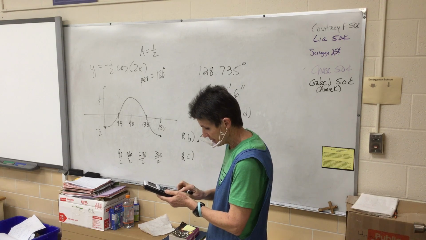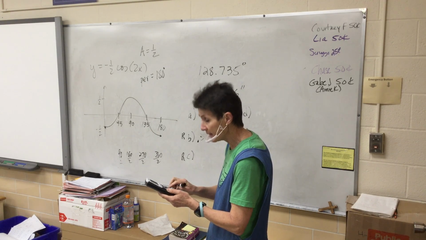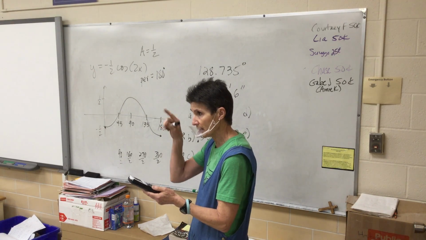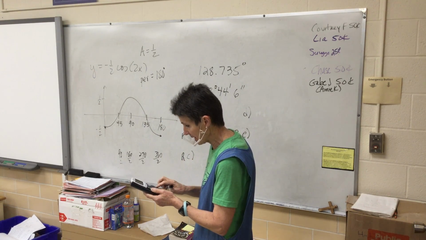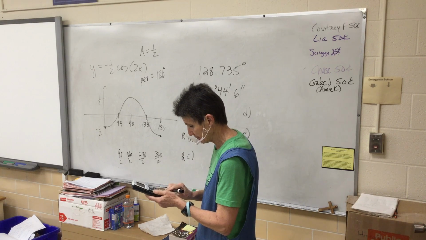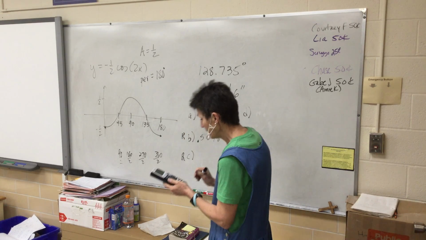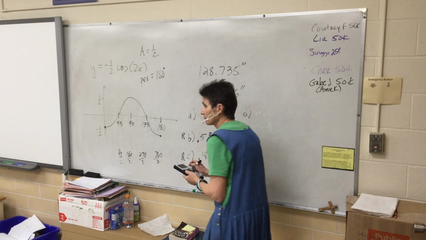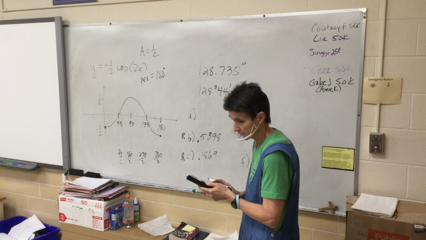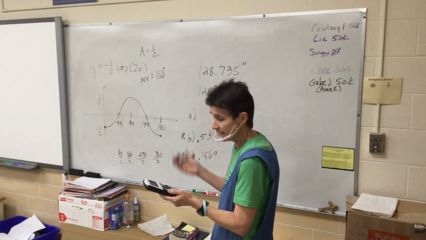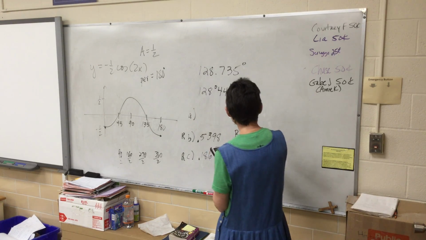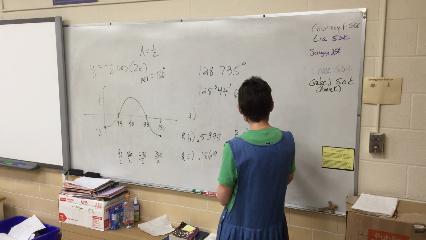Tangent, 18 pi, use your pi button, which is over on your little raised caret button, divided by 17. 0.1869. And E, easy, cosine 1.3. 0.2675.